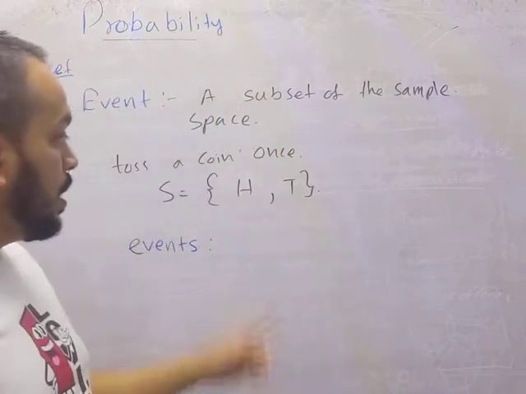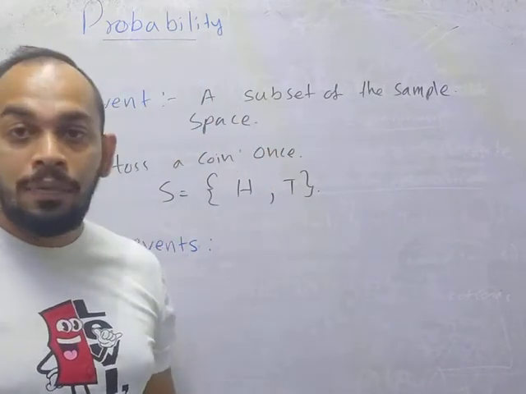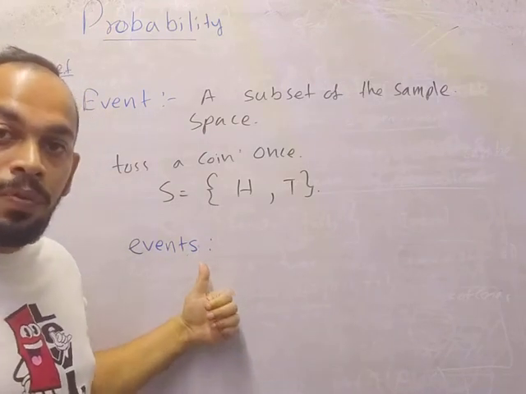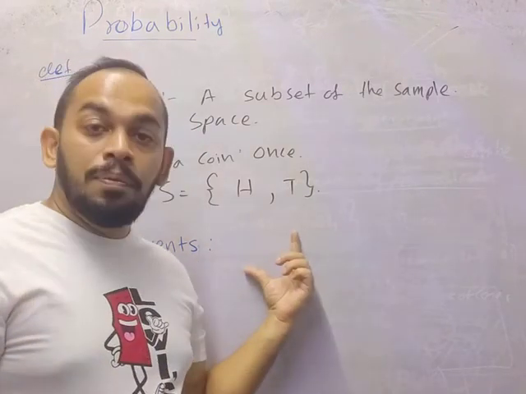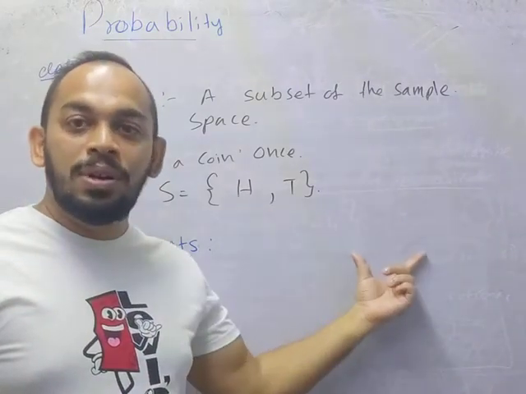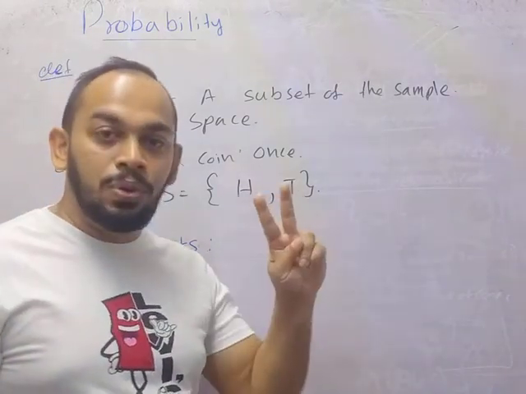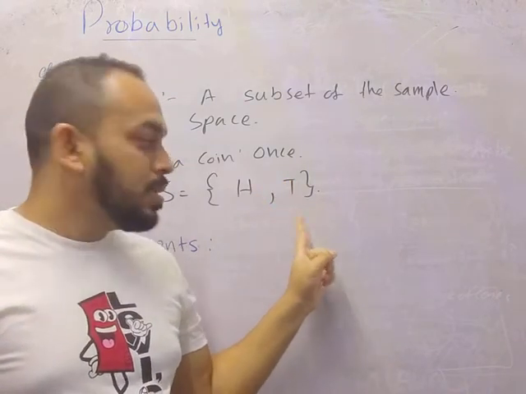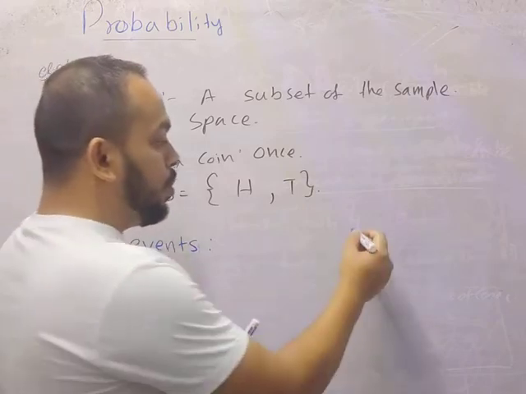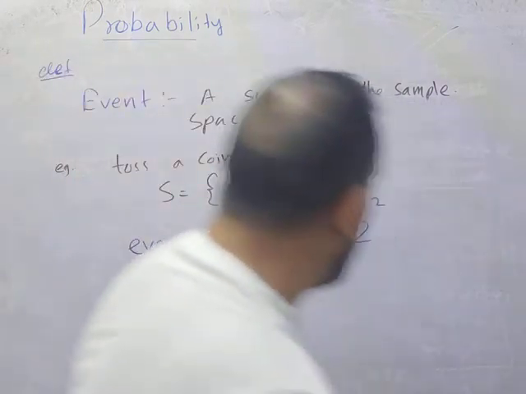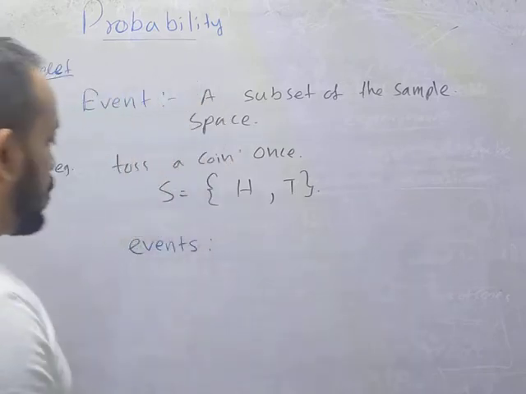Right? A single outcome is also an event. So, remember from the power sets in the first video, for this one there are 4 subsets, right? Since we have two outcomes in the sample space, 2 raised to 2 would be the number of subsets that you can make here. So what are the events?